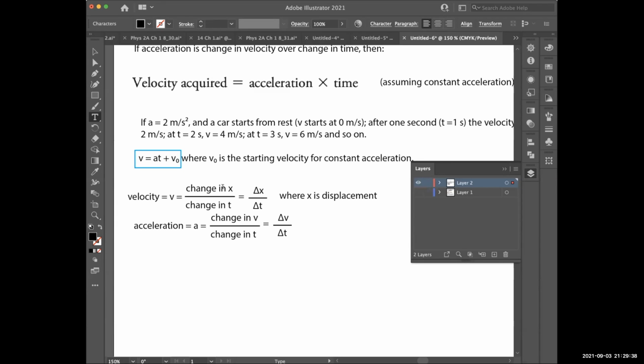So you see how this has units of meters divided by seconds, which gives you velocity. And then you divide velocity by t, you get acceleration. That's why it's per second squared.